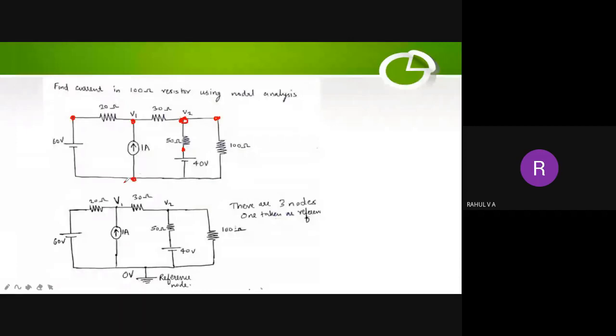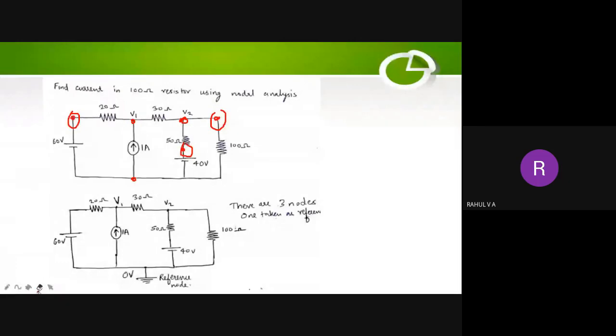Then we consider these as series nodes, this one and this one and this one. Then we actually have three nodes with us.